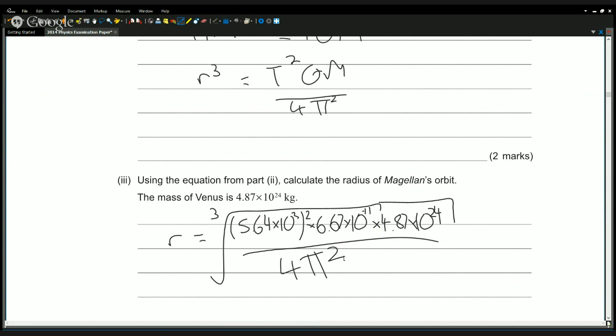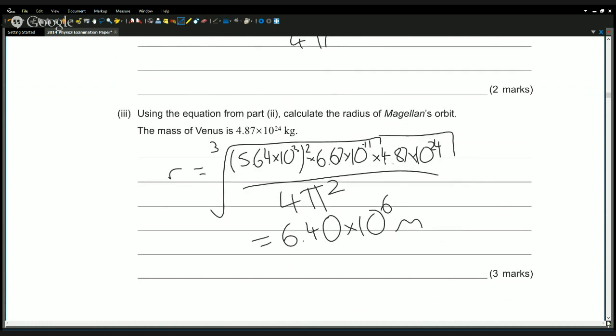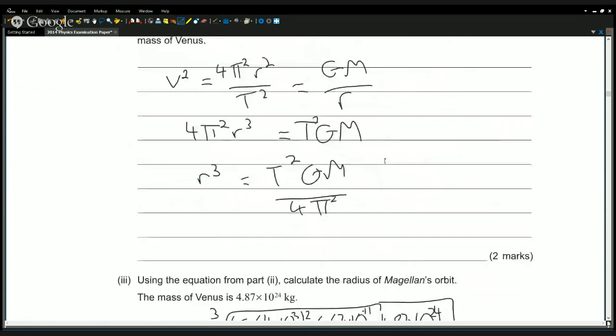The answer I got, written in scientific notation, ends up being 6.40 times 10 to the 6 meters. So that sounds about right. It's at least in the order of magnitude. I don't think I've made a mistake here. Okay, moving on.